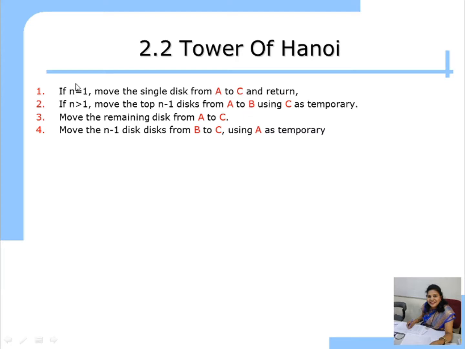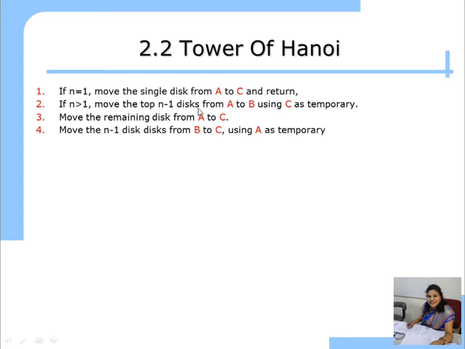So if there is only one disc, we do not require the temporary pole, that is pole B. Since there is only one disc, you directly move it from source to destination, that is from A to C.